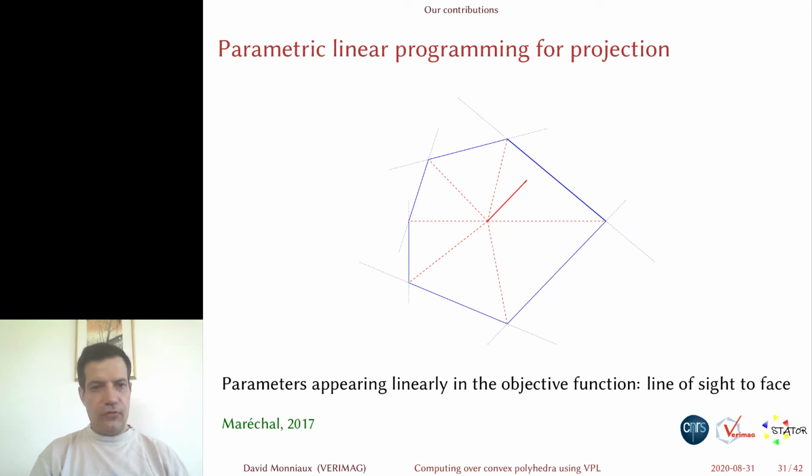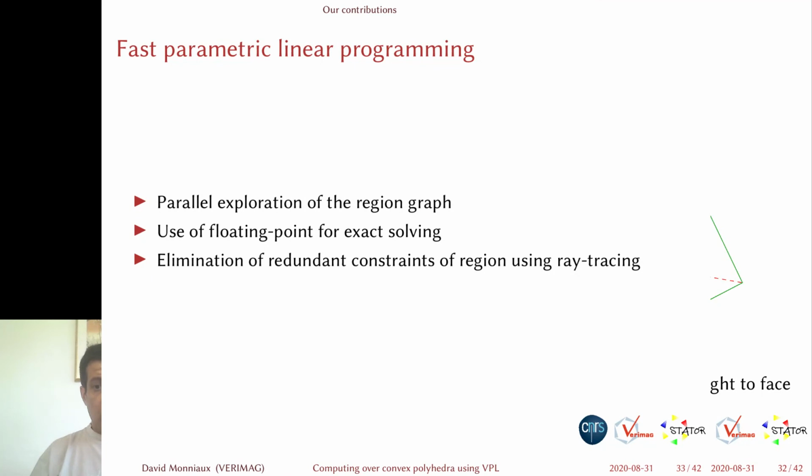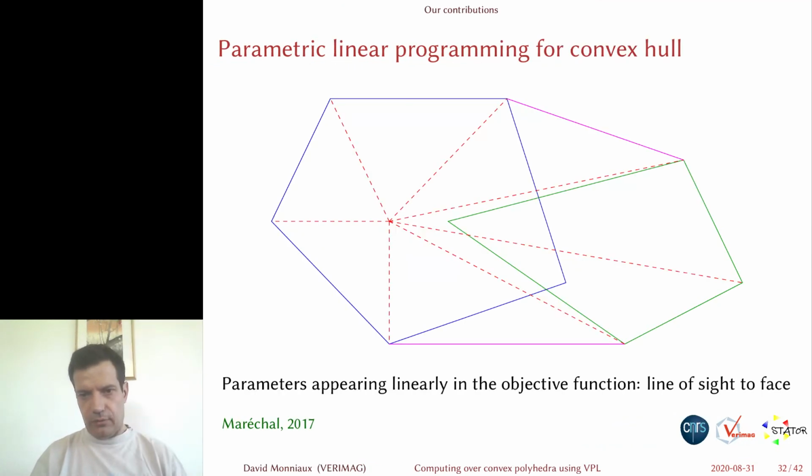And if you go to that third cone, you will get that face. So we're computing a map of the faces of the polyhedron, and then we get this constraint description. We can do the same for convex hull. We will obtain a map of the faces of the convex hull. We can actually do projection and convex hull at the same time if we want.